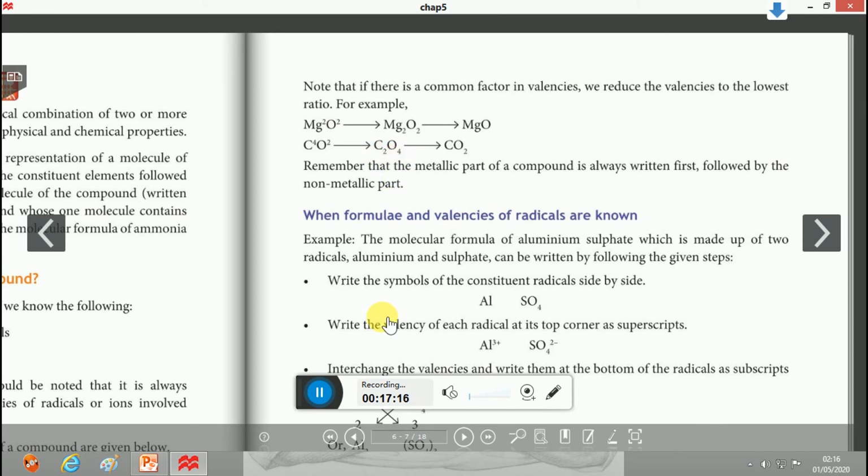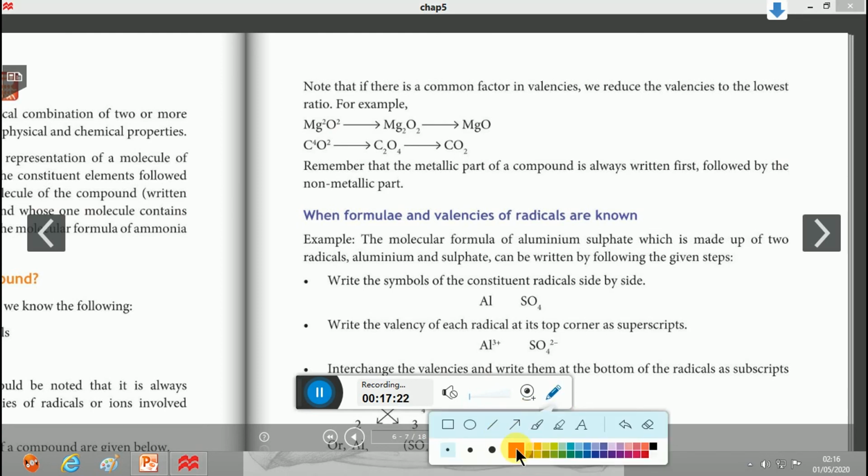The common factor should be cancelled. That means you must cancel it.